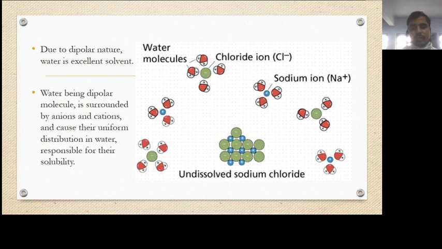During dissolution of NaCl into the water, the chloride ion, which is negatively charged, is surrounded by the water molecules, and there is an interaction between the negatively charged chloride ion and the positively charged end of the surrounding water molecules. Similarly, the sodium ion is positively charged and it interacts with the negative end of the surrounding water molecules. See, in the given diagram, the chloride ion is surrounded by 4 water molecules, and there is an interaction between the negatively charged chloride ion and the positive ends of the surrounding water molecules.